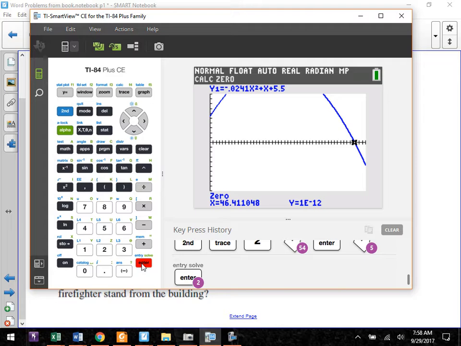So she can throw the shot put. That's what it sounds like. Shot put. Not the hot put. Shot put. Good times.